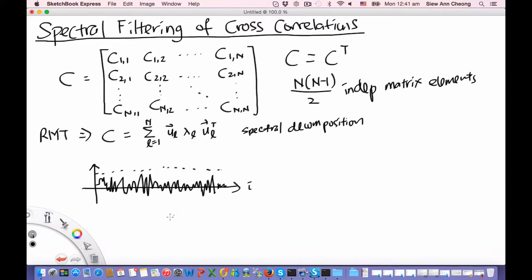These are the components of U_L in the noise part of the spectrum.